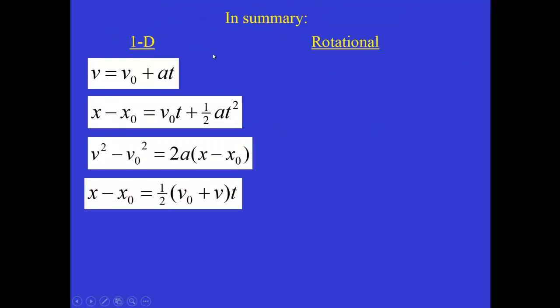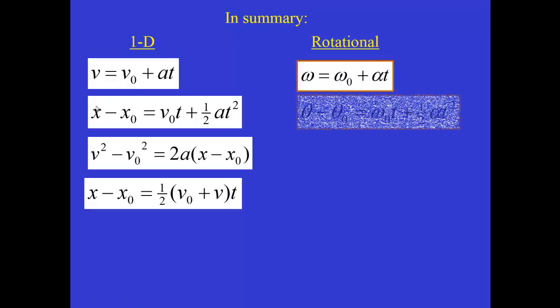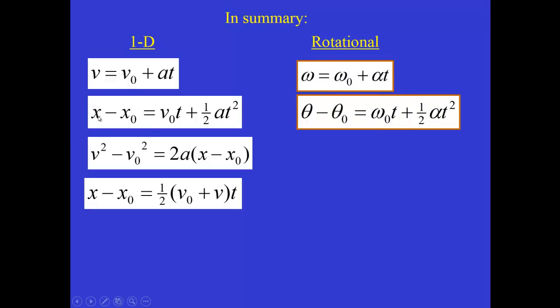So, just to summarize what the results are, we've already done the first one, right? v equals v0 plus at becomes omega equals omega 0 plus alpha t. Now what about this? Instead of x minus x0, we're going to have, for rotational motion, theta minus theta 0. Because remember, we don't measure position in terms of x, we measure it in terms of the angle for rotational motion. v0 becomes omega 0, 1/2 a becomes 1/2 alpha.